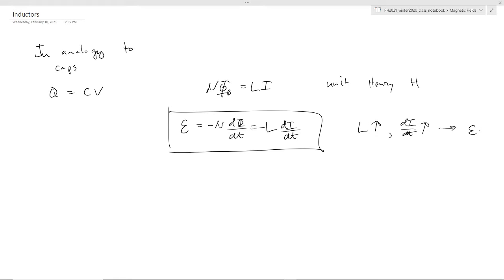And actually, this is behind why, suppose you have a circuit that has a lot of inductance, and suppose the circuit starts closed, and then you open it.